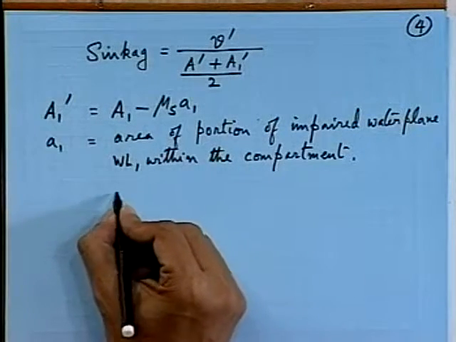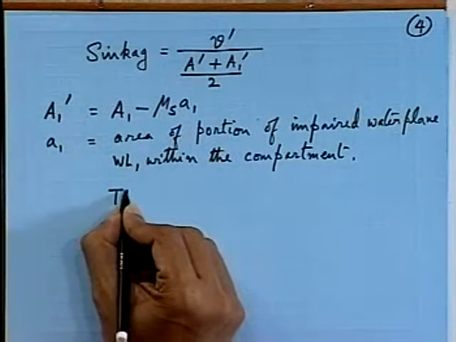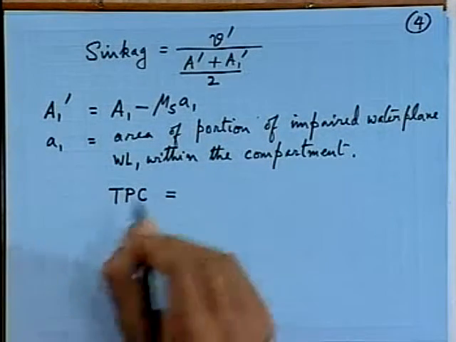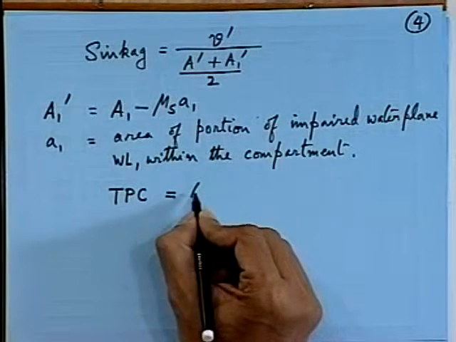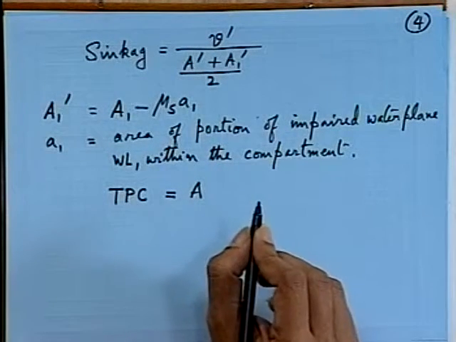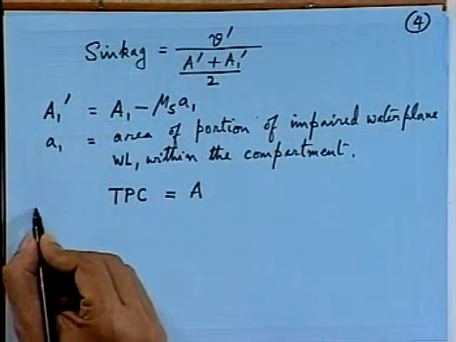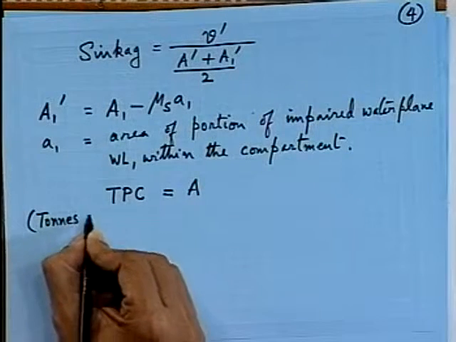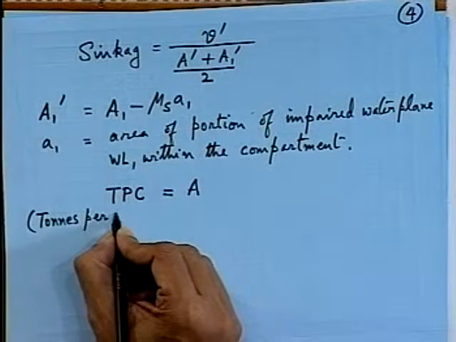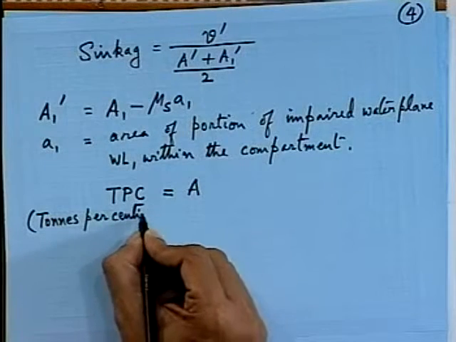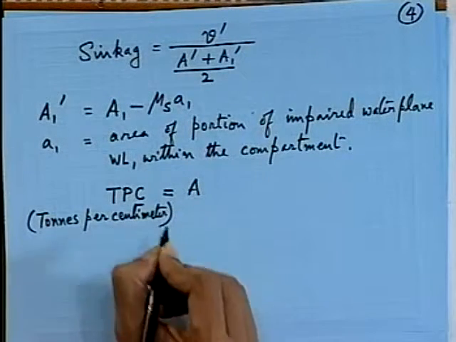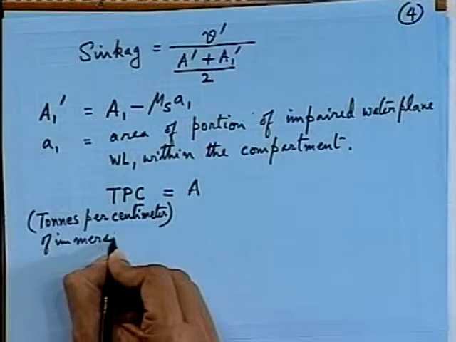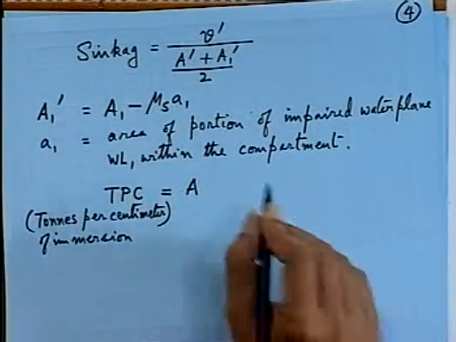TPC, or what is called the tons per centimeter of immersion, in any ship is calculated from the water plane area.